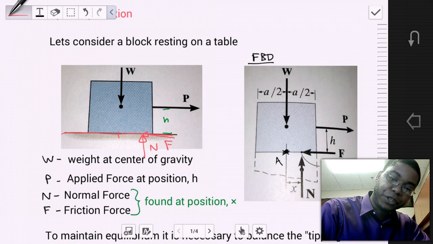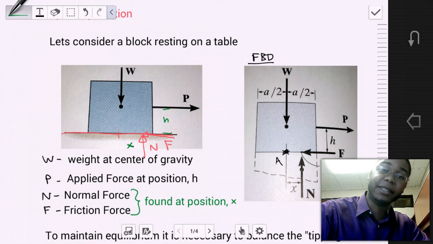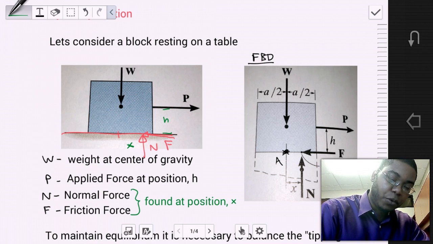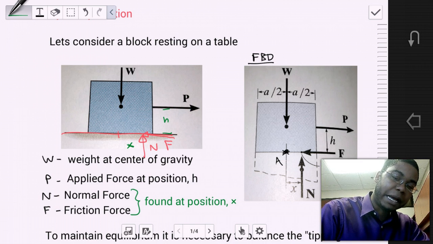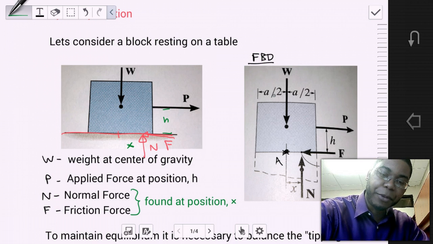Now both of these forces are applied at some distance x. And that distance x is necessary in order to maintain equilibrium if we were to do the sum of the moments. So we can take this block and create a free body diagram describing the dimensional information of each of these points of interest. What is the position of the weight?